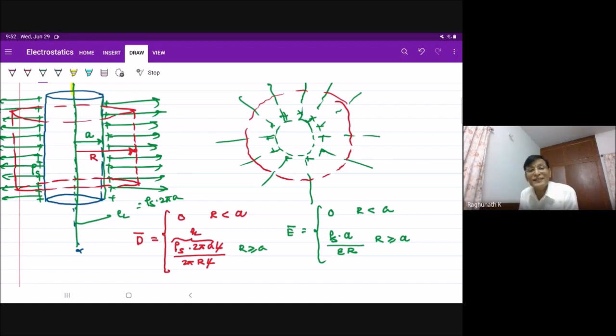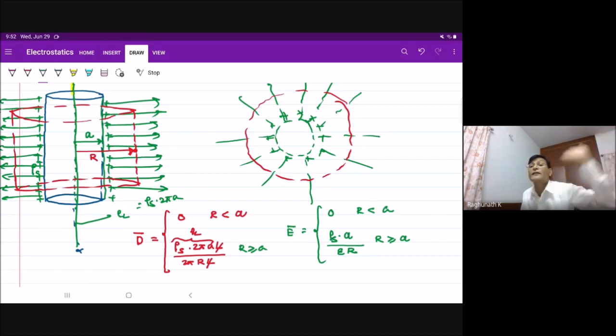You have to see this. Rho S is there on the outer surface. If R is equal to A, what is the electric field intensity? Rho S by epsilon. Because surface, I told you, right? If it is a plane surface, it is rho S by 2 above and rho S by 2 below, rho S by 2 epsilon we saw on the surface. It's normal. Here also it is normal to the surface, because of which at R is equal to A, it is rho S by epsilon.